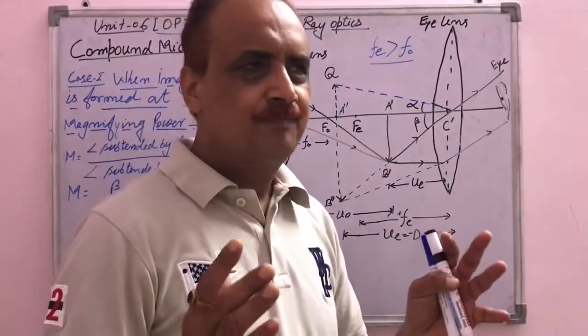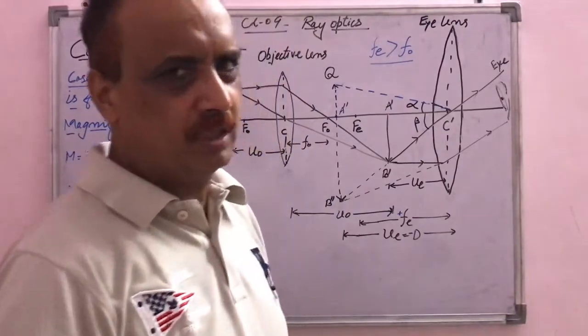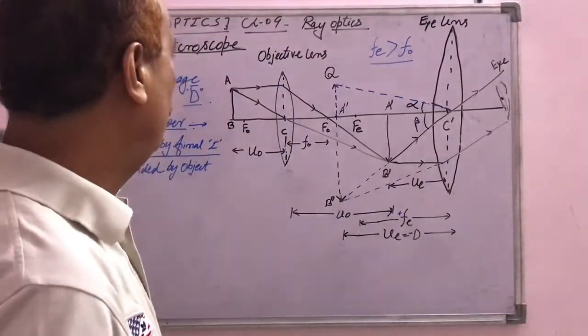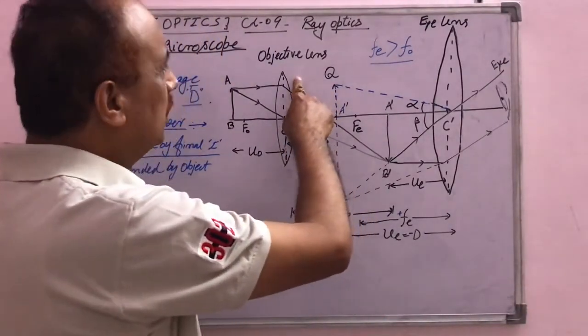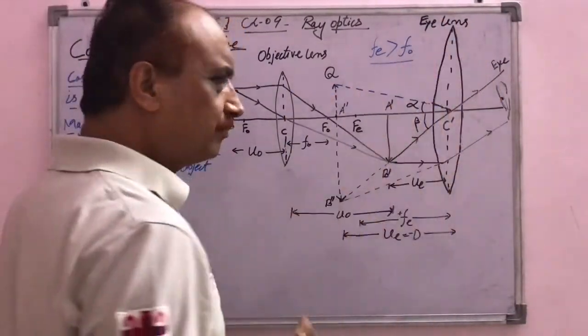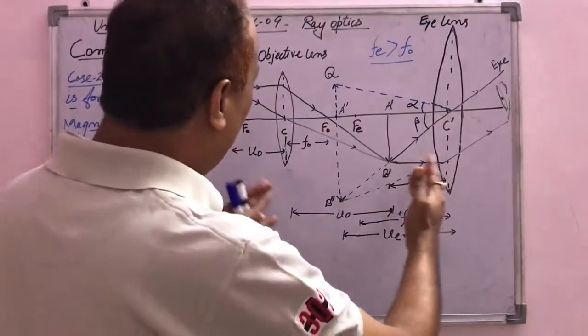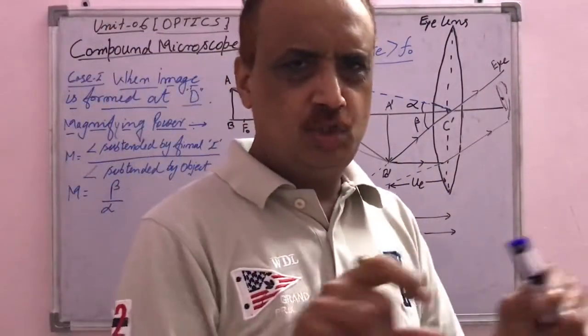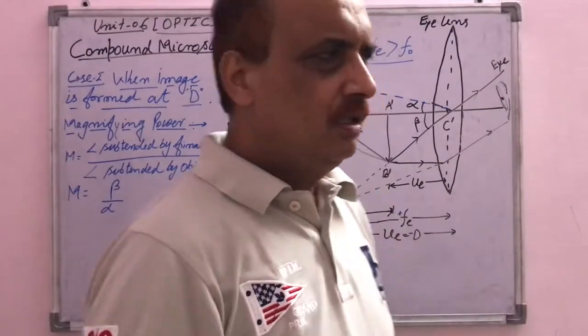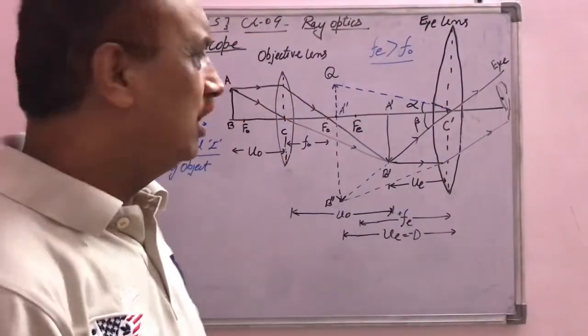Now what is the main part of this compound microscope? From the construction point of view, it consists of a two lens system. One is the objective lens, the other is the eye lens, and these two lenses are fitted on coaxial tubes. These tubes can be inserted inside each other.